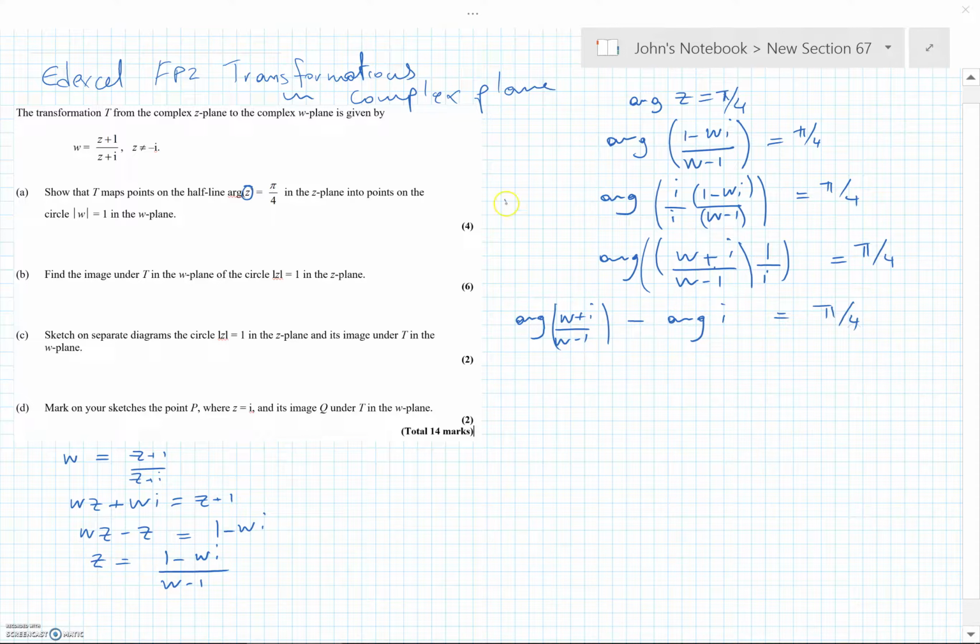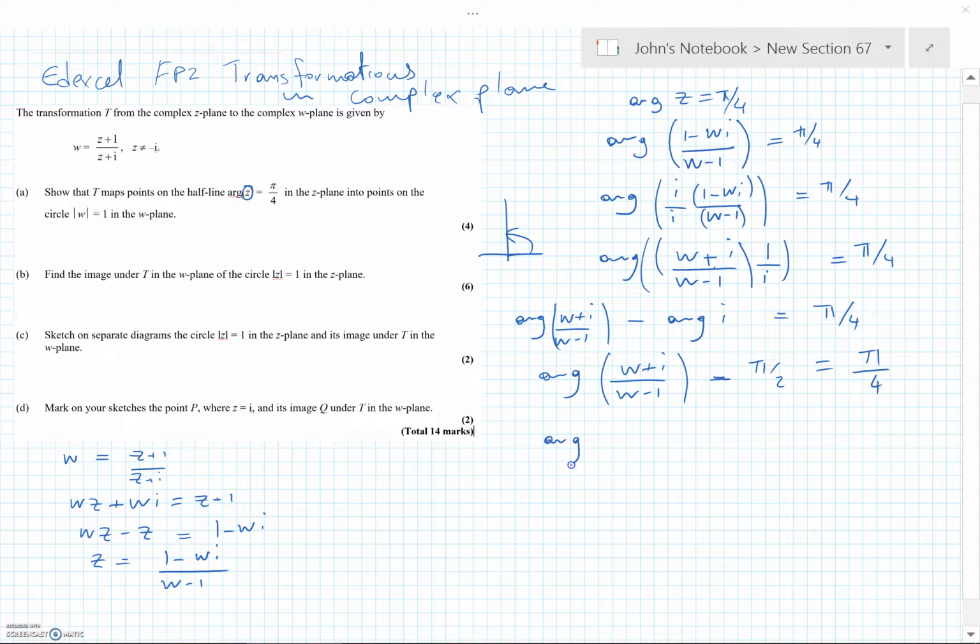Now the argument of i, as we'll see, is pi by 2. So we've got the argument of (w plus i) over (w minus 1), plus pi by 2, is equal to pi, minus pi by 2, is equal to pi by 4.